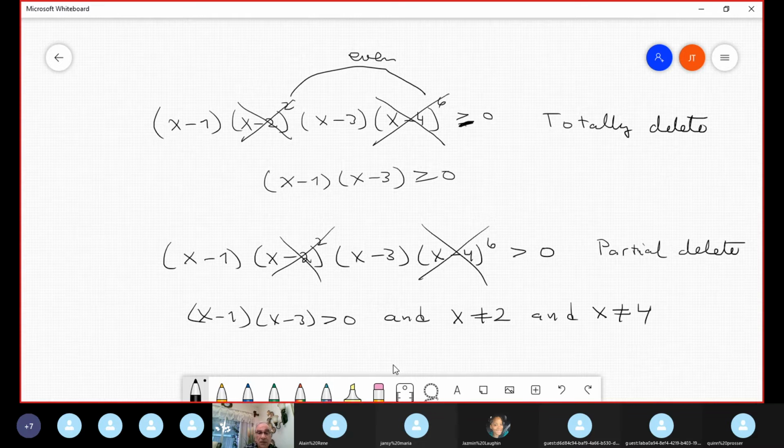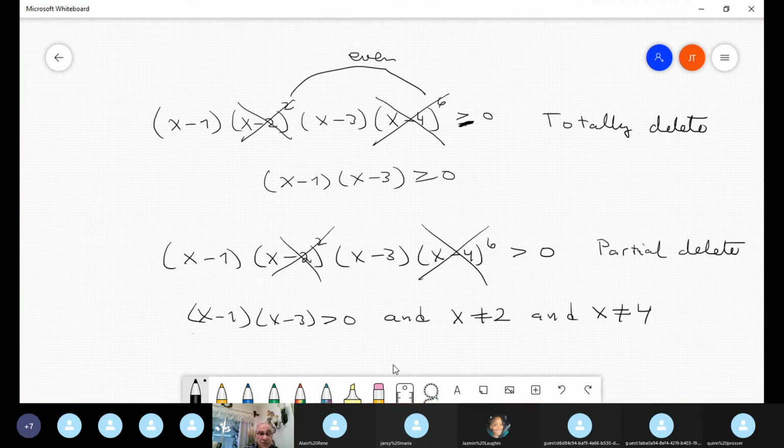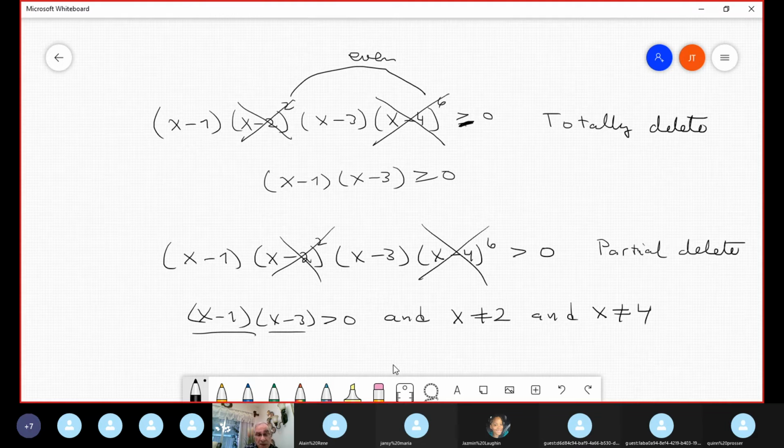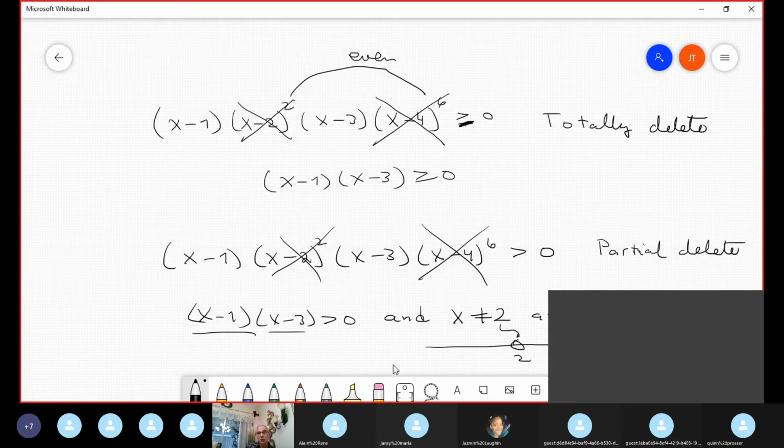When you solve this, you can do it by change of sign or consider the real number line, and at 2 and 4 we have a whole. End of the story. Any question? More clear now?